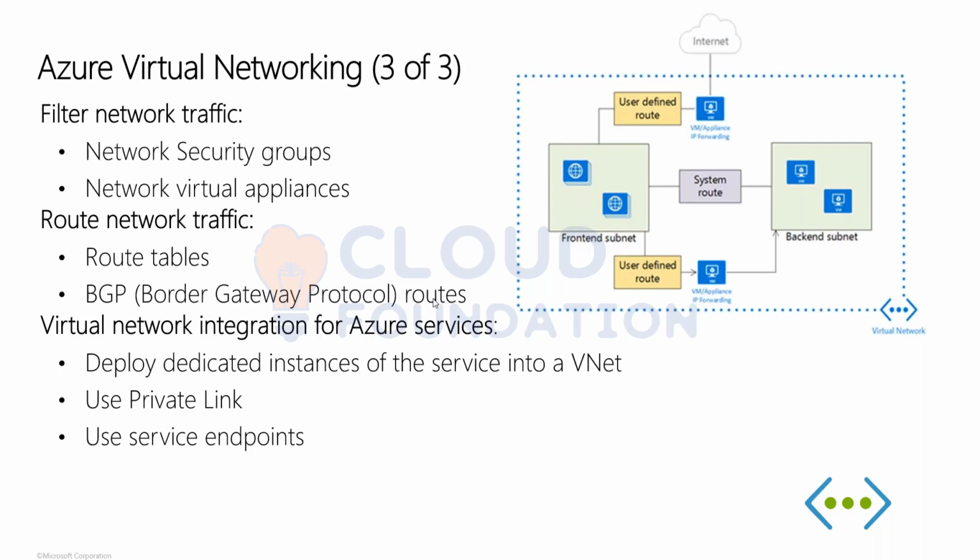Now using these routes, we'll be able to specify that any communication going to the front-end subnet should be stopped. It should first be taken to the virtual appliance. From that virtual appliance firewall, we will verify, and then it will go to the front-end subnet. Same thing holds true for your database as well.